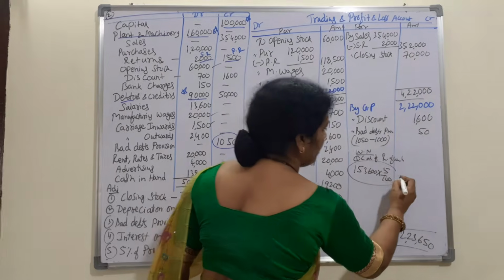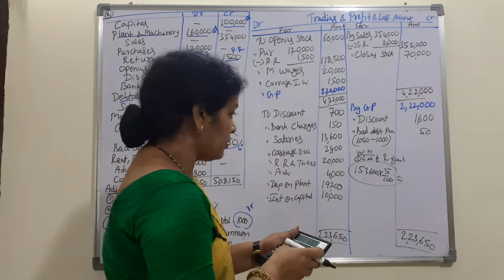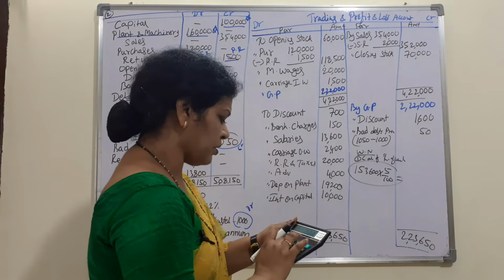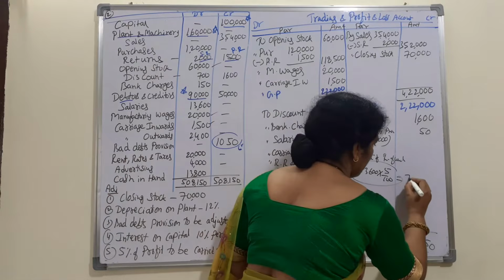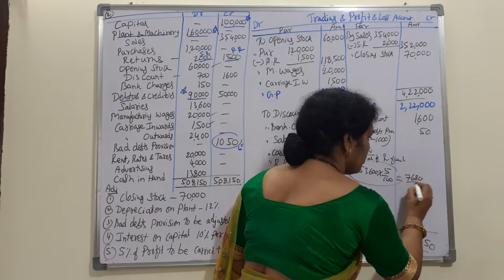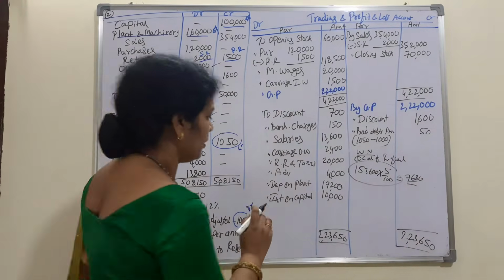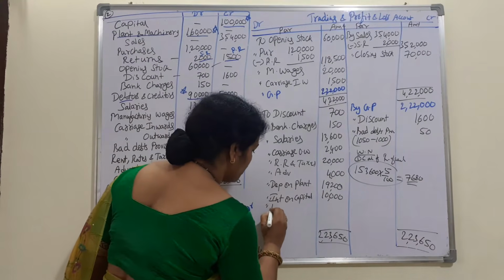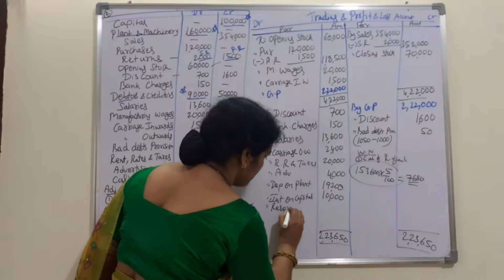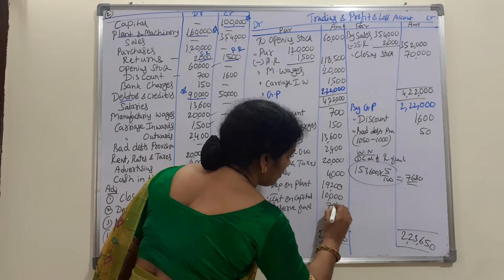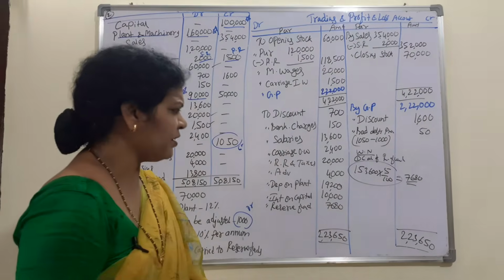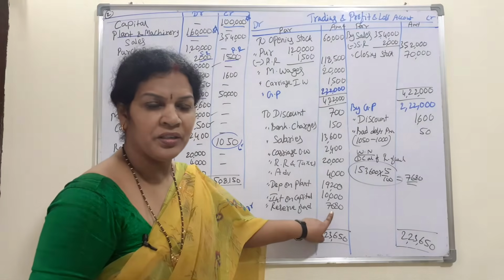So on this 5%, 1,53,600 into 5%, 7,680. So like this, working notes, first point. So we are going to write reserve fund 7,680.